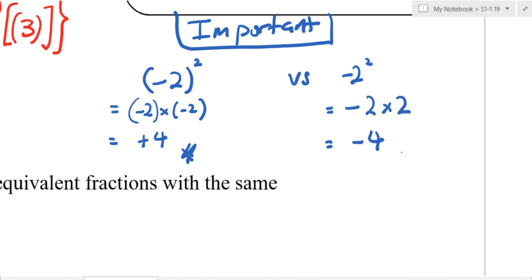Therefore, when you press the calculator, you have -4. You try now. You don't want the bracket, right? That means you only want -2 times 2. This one is -2 times -2. See the difference?